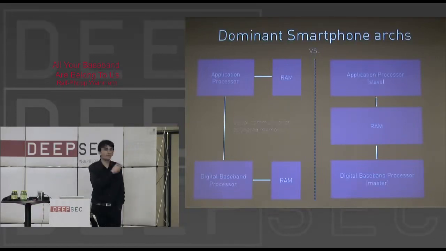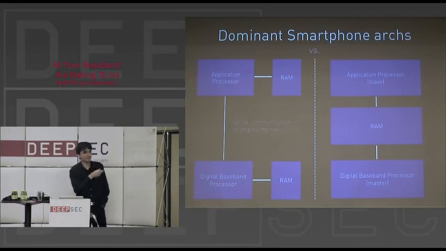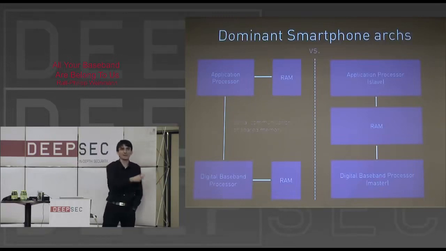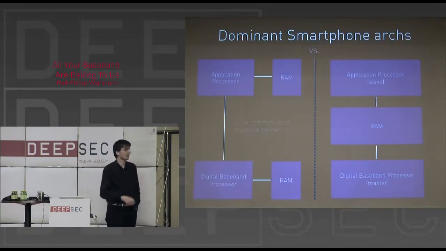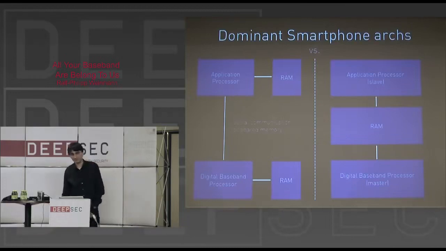But this is the more costly solution because you have a separate CPU for the application and a separate one for the baseband processor. They talk to different RAMs as well, so you have another component that you have to duplicate, and then you have shared memory or sometimes serial communication over some GPIO lanes between the 2.